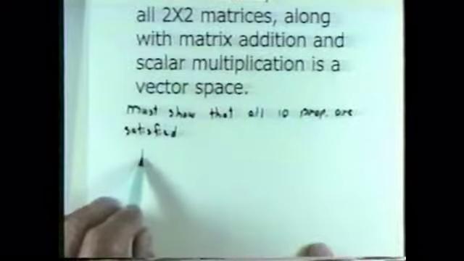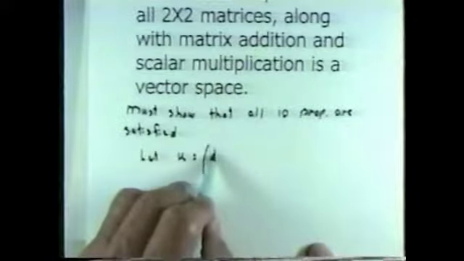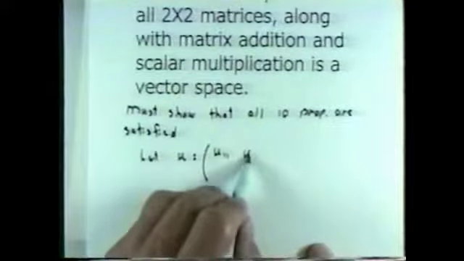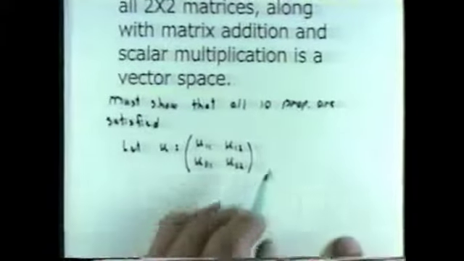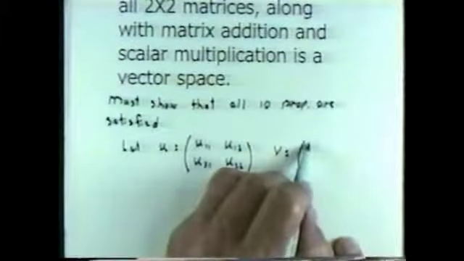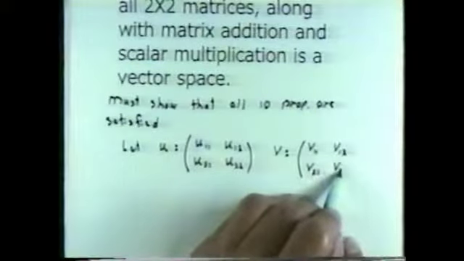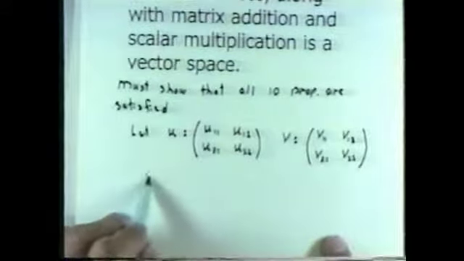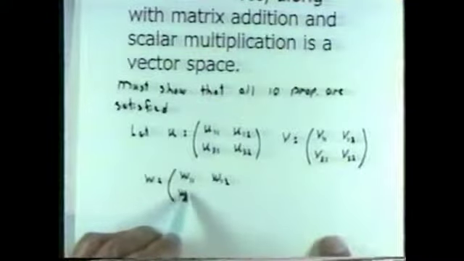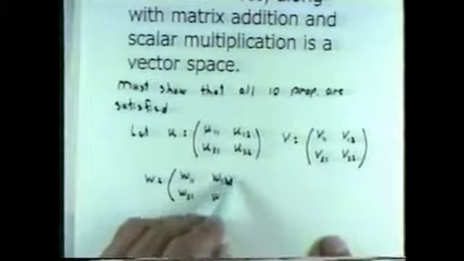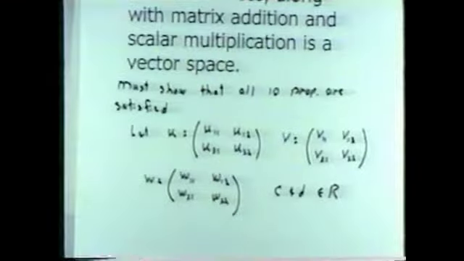Before we start, we'll let U equal the matrix U11, U12, U21, U22, V equal the matrix V11, V12, V21, V22, and W equal the matrix W11, W12, W21, W22. And we'll let c and d be real numbers.